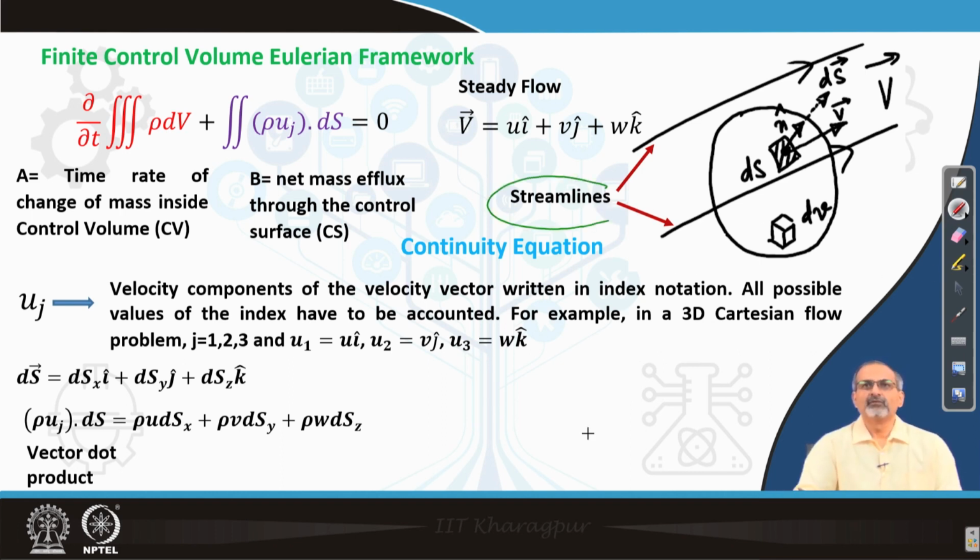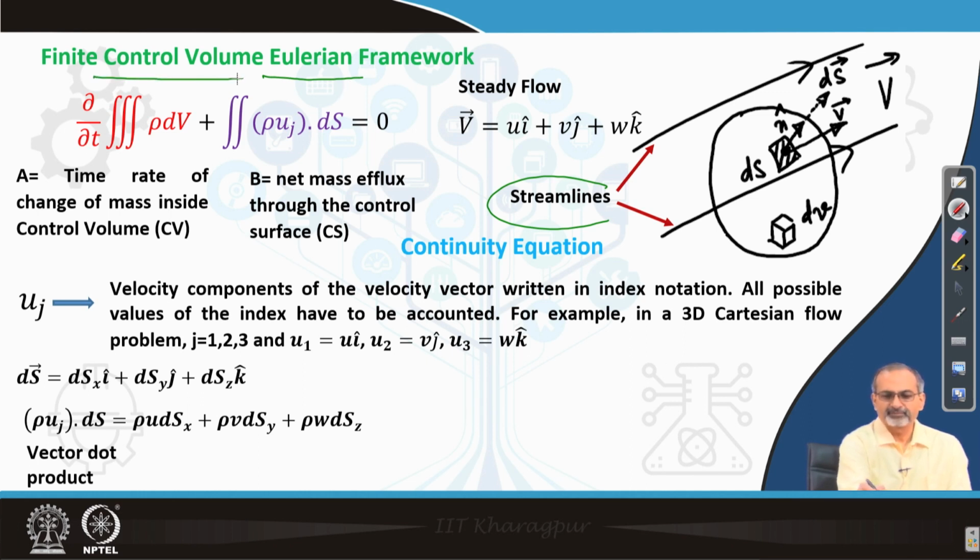Here is a control volume placed somewhere in a velocity field, and we are considering this control volume to be fixed with respect to the laboratory frame of reference, and therefore, it is basically an Eulerian framework. We have indicated a small elemental surface area on the control volume surface here, indicated by dS.